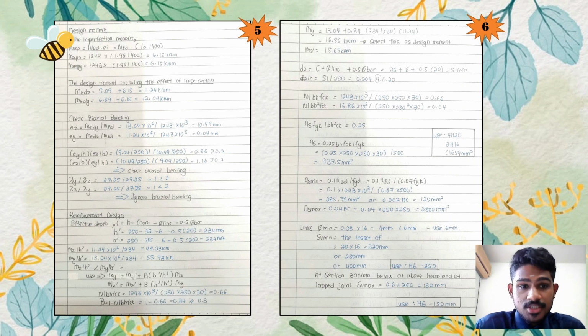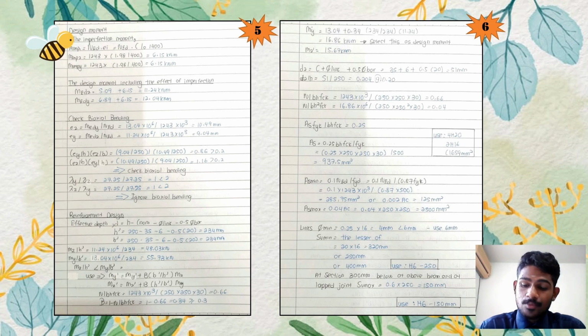Okay, for the design moment, the imperfection moment MSP1 you will get l0/400. For the MSP2 you will get 0.15 kilonewton meter, and also the same for MSPY, you will get 6.15 kilonewton meter.